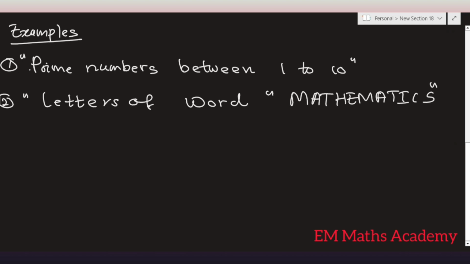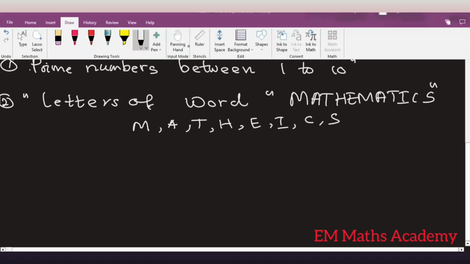That means you may think M, A, T. Now you can see there are two A's here, but we consider only one A. Likewise, H, E. Again, we do not write M, and A and T we have already written. Next we consider I, then C, then S. Here you can see we consider one element at once.